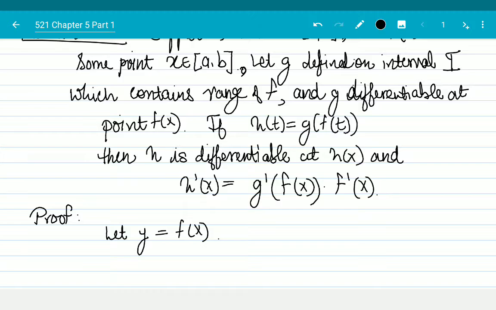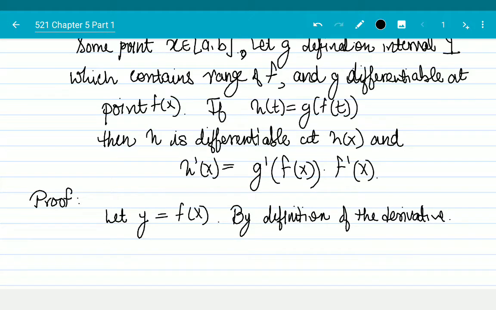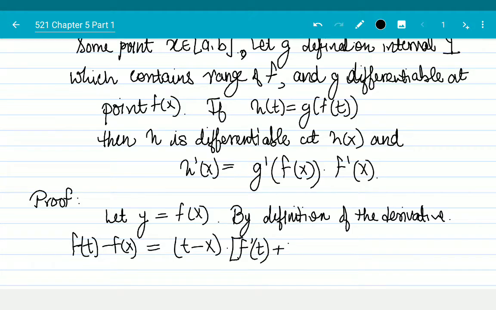Then by definition of the derivative, I have that (f of t minus f of x) over (t minus x), which I have multiplied to the other side, is equal to f prime of t plus u of t.